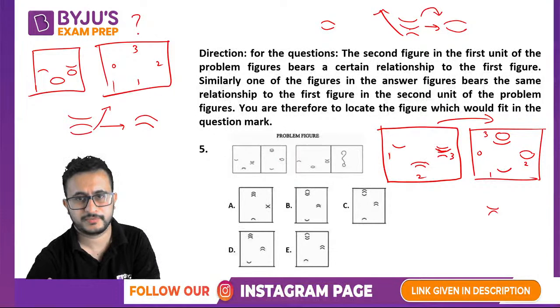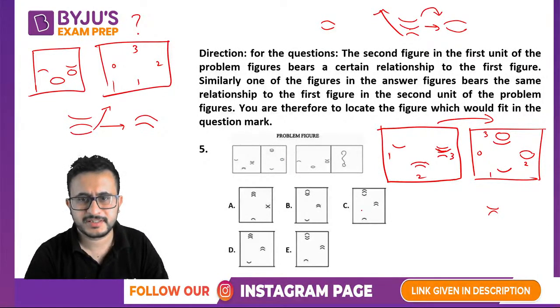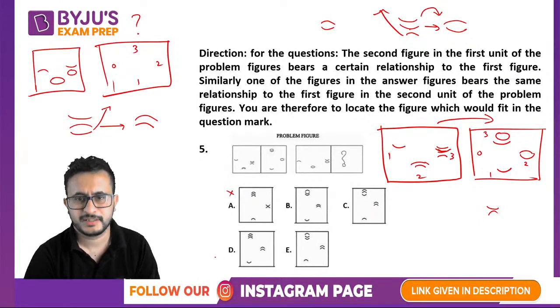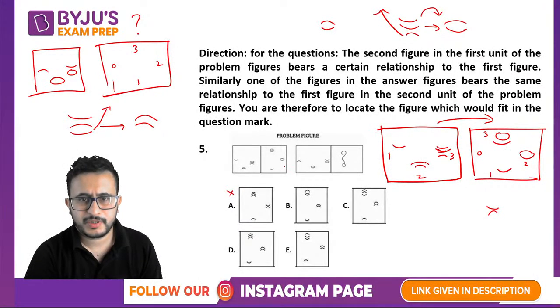Okay, and so that is why on this side we can eliminate option A because that is different, and this part should be reversed down.